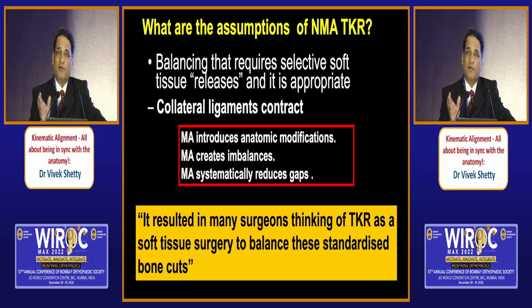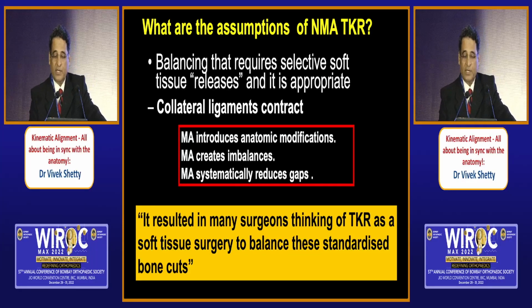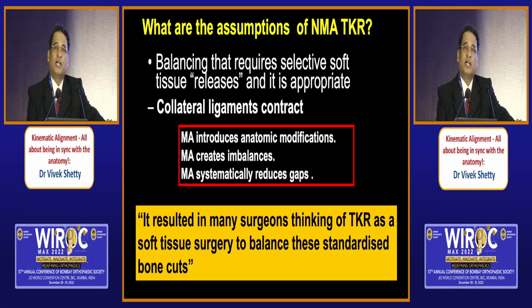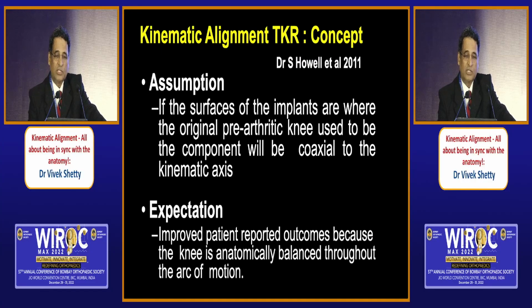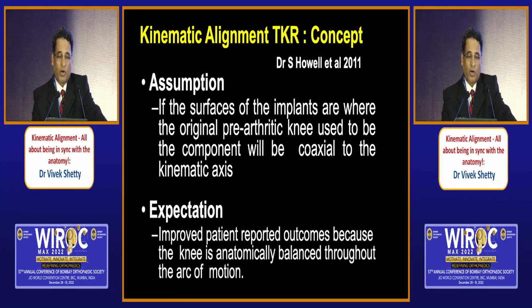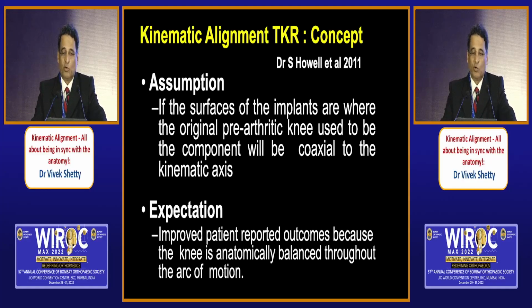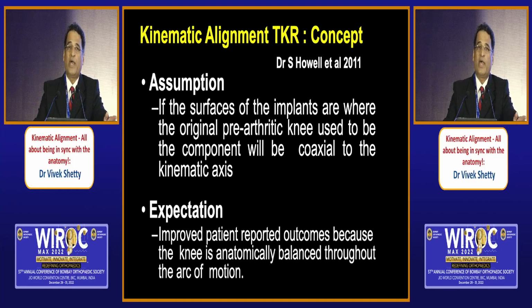So our conventional thinking has been that it is a soft tissue procedure. You place the implant at the correct place and then work on the soft tissues. So it's time to look at a newer concept where it is shown that tibia in varus doesn't fail us and the depth of tibia cut is not as significant. So that is the concept in kinematic. What if you place the implant where it is meant to be and the axis is where we describe the axis?